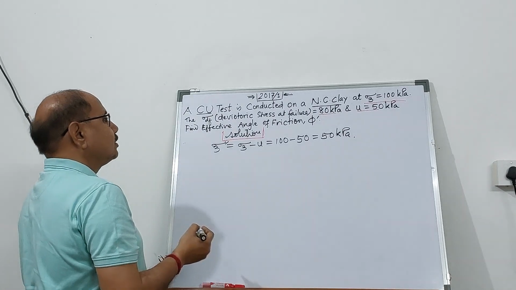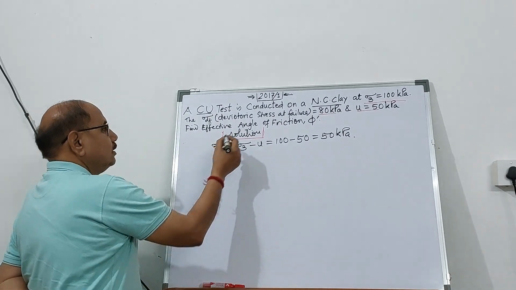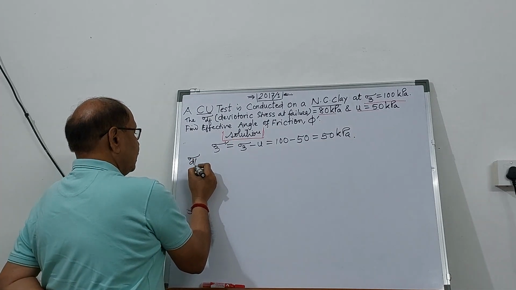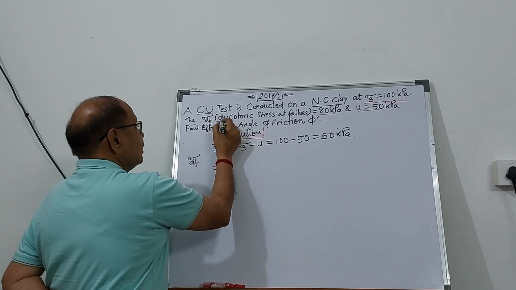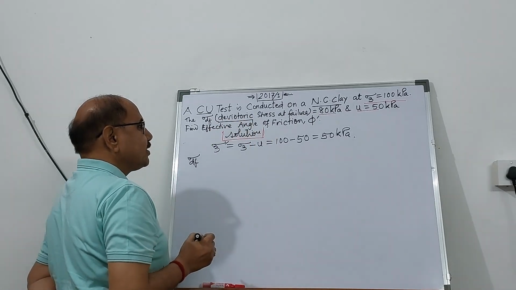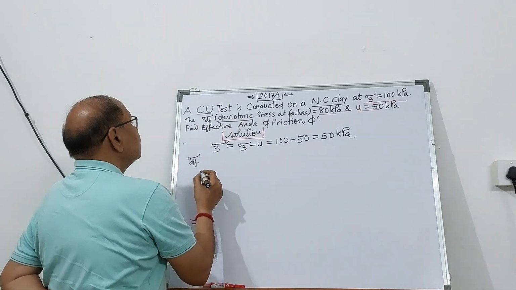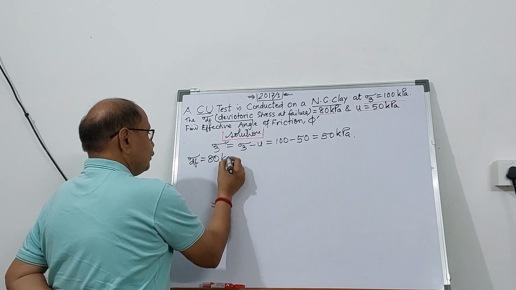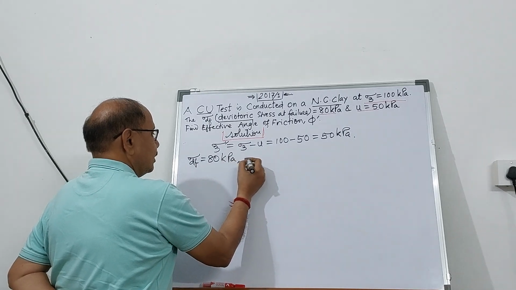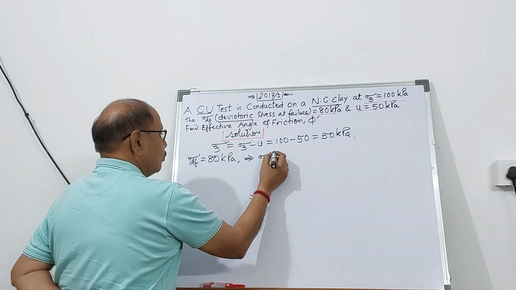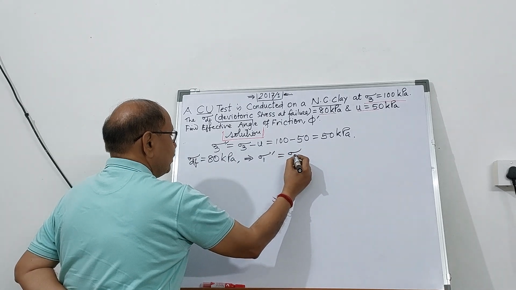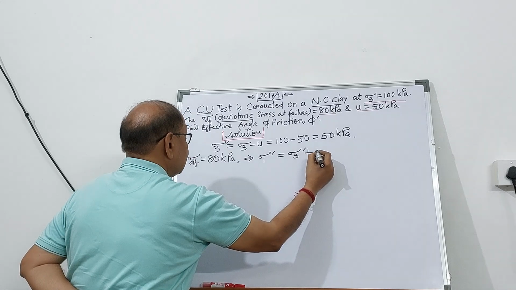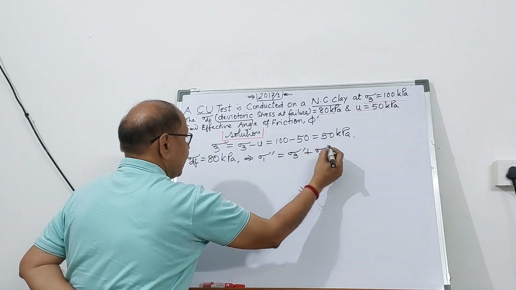Having got this and having this sigma df, that is deviatoric stress at failure, equal to 80 kilopascal, you can find out sigma 1 prime, which will be equal to sigma 3 prime plus sigma d at failure.